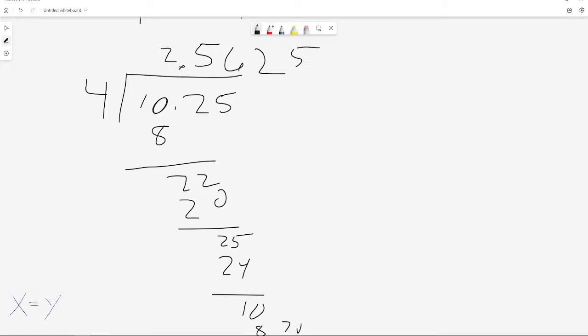It only goes one more step anyway. So this is the answer, equals, but we want to round because we're dealing with money, and we only need to go to the hundredths. The number to the right of the hundredths spot, in the thousandths, is 4 or lower, so that stays the same. So our answer is $2.56, approximately. Oops, don't forget to do that.